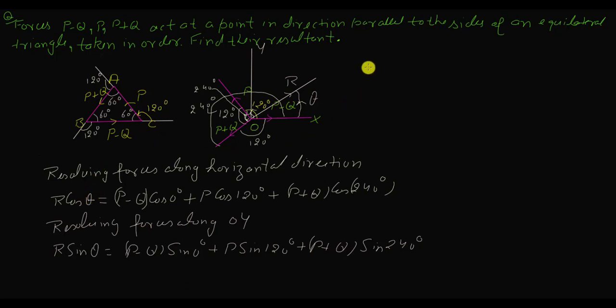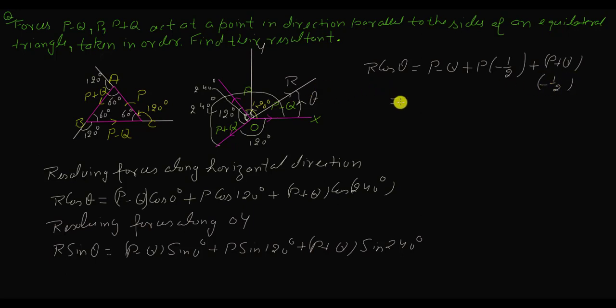This will be R cos theta is equal to cos 0 is 1, so it will be P minus Q. Then P cos 120 is cos minus cos 60, and cos minus cos 60 is minus 1 by 2, plus P plus Q cos 240 is cos 180 plus 60, so it will be minus cos 60, so it will be minus 1 by 2.